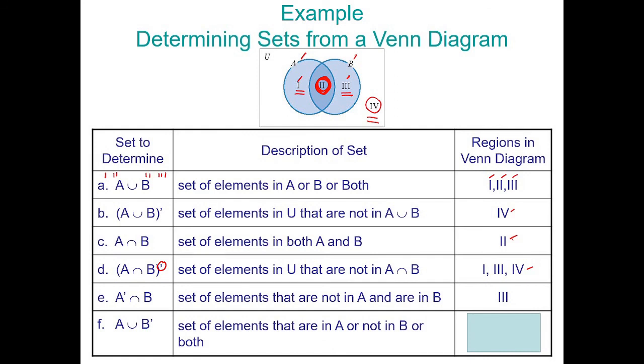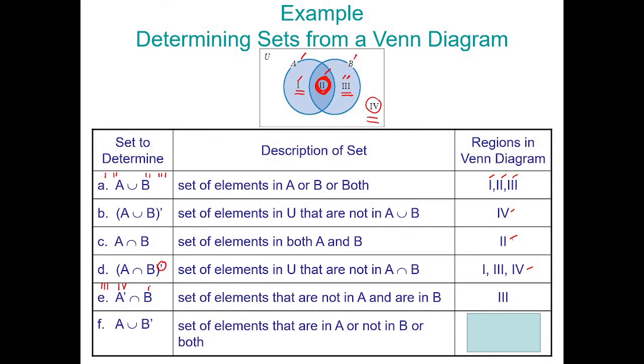And then unsa may A complement? Wala siya sa 1 ug sa 2. So ang answer, sir, sa A complement 3 ug 4. Para mas masabtan ako ilista. Sir, unsa may naa sa set B? Ang set B, sir, naa si 2 ug naa si 3.